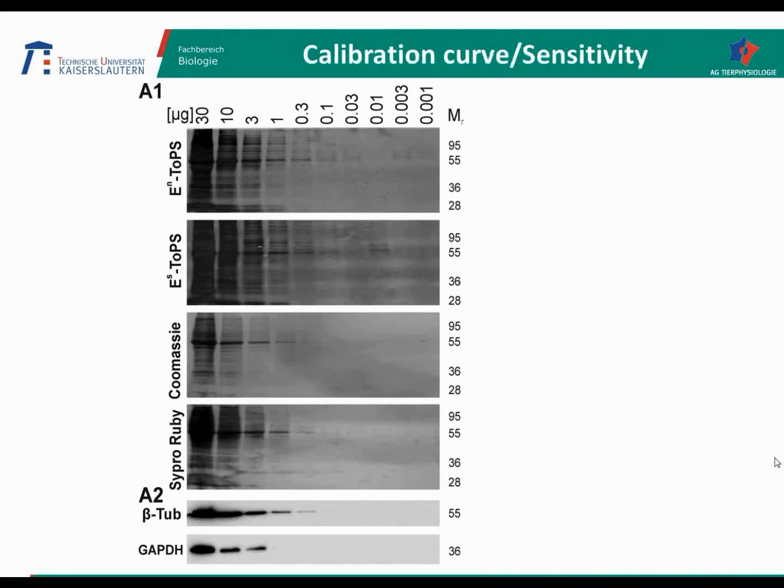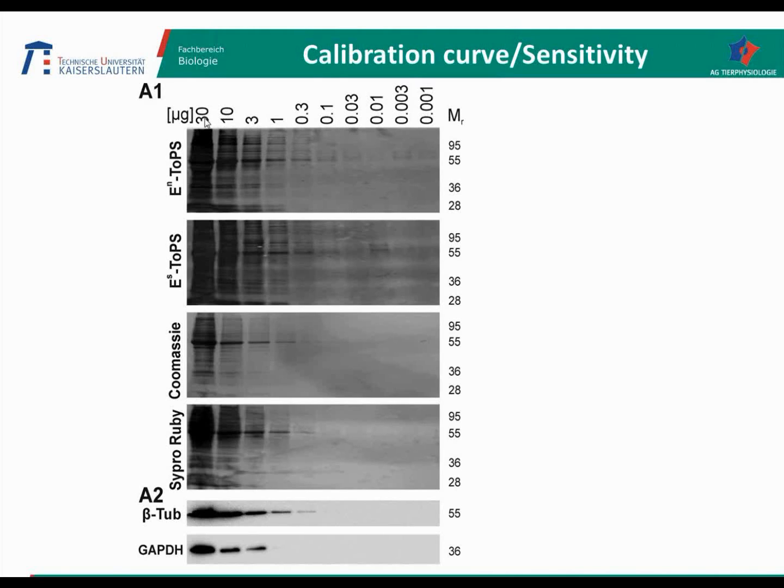And so the first thing that we addressed was the calibration curve and the sensitivity. To do so, we performed several blots, gels, where we loaded different amounts of proteins, of a total protein mix, a homogenate of tissue.